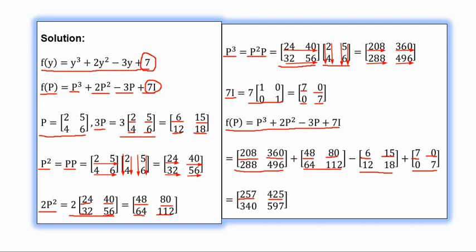You go to the second row, first entry, 288 plus 64 minus 12 plus 0, you have 340. Second entry in the second row, 496 plus 112 minus 18 plus 7, you have 597. So this is the quick solution to that matrix problem.